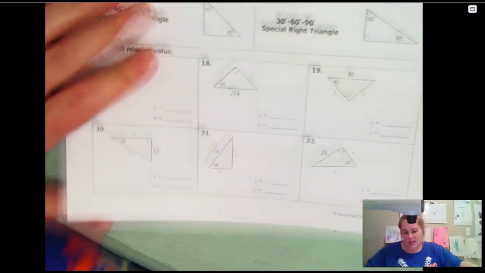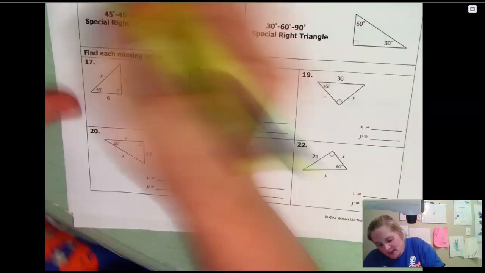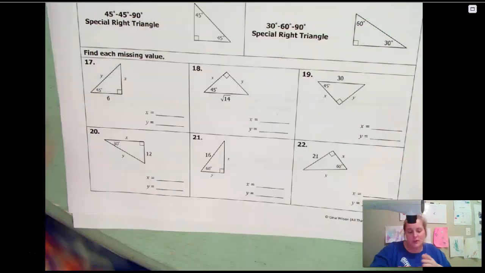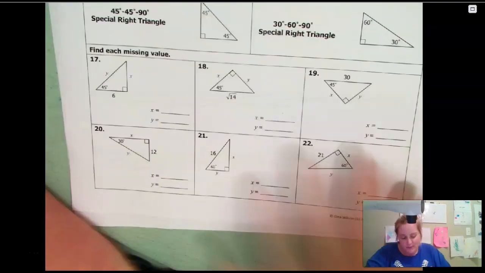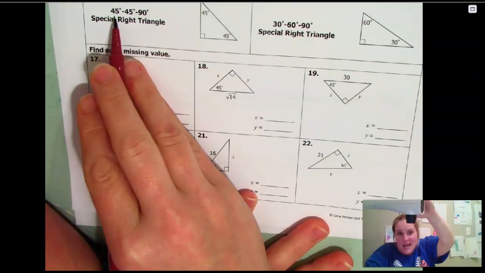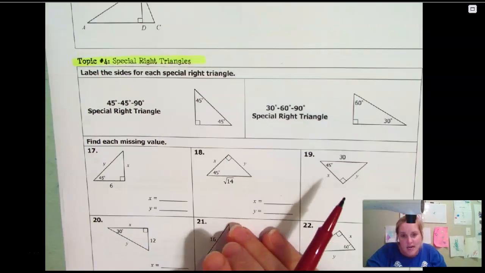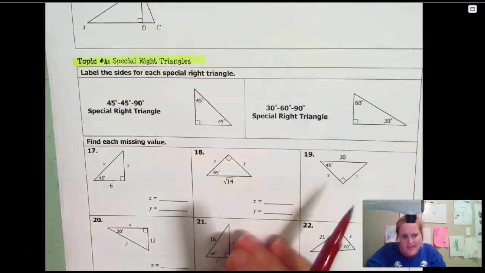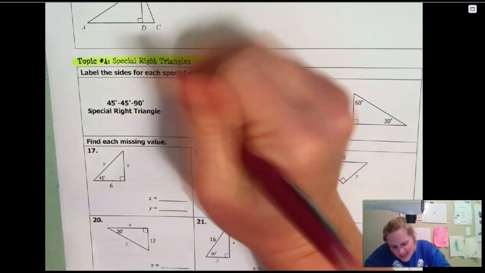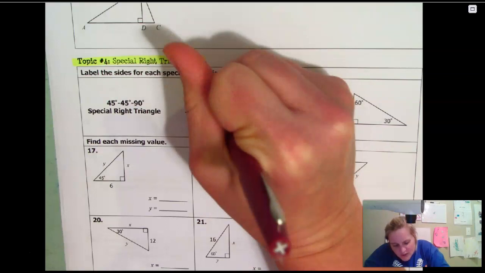The next topic that we have is special right triangles. Again, we're still dealing with right triangles, but these are our special ones, which are the 45, 45, 90 and the 30, 60, 90. Those are our two different types. With these, remember that this is x, x, x square root of 2.